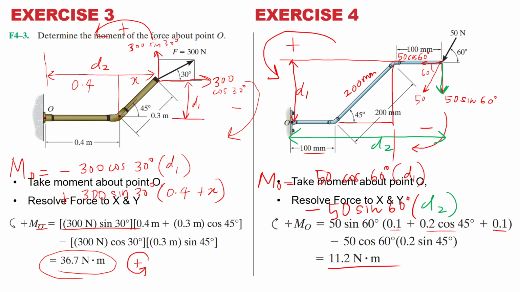What is this? It's directed like this. It changes direction. We don't like this. Probably you will get negative. We don't like this. We don't use this one. We standardize all the moments. You either get a negative or positive answer. I think you're going to get this one negative.